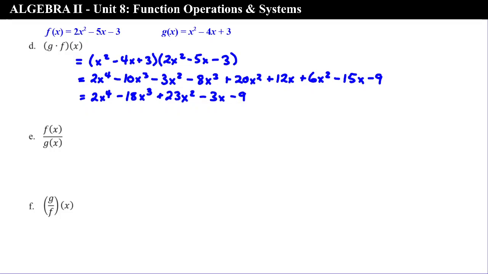Okay, let's move on to example E. f of x divided by g of x. Well, that's going to be f of x, which is 2x squared minus 5x minus 3, divided by x squared minus 4x plus 3.